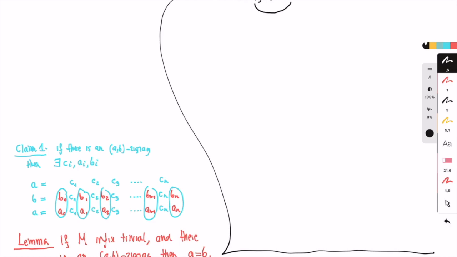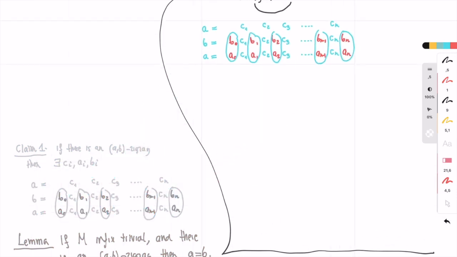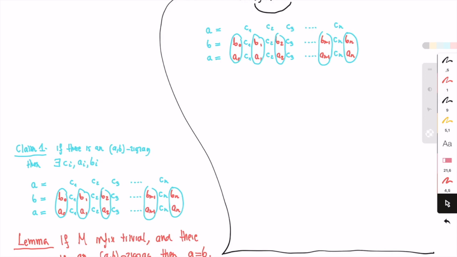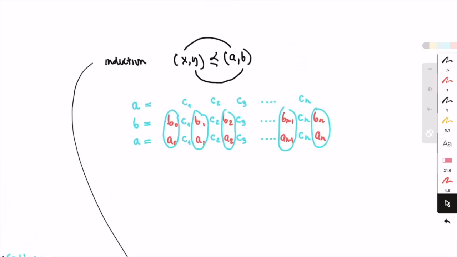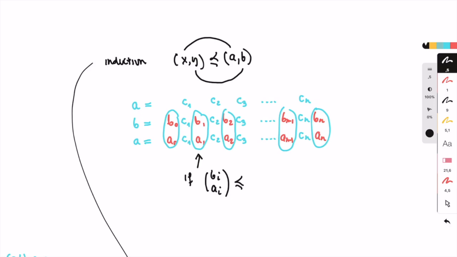We've already proved the lemma for all xy which are strictly smaller. Let's prove it for AB. So suppose that there's an AB zigzag. We apply the claim, and we get this. Now, Bi is clearly smaller or equal than BA, because it's contained here and here.